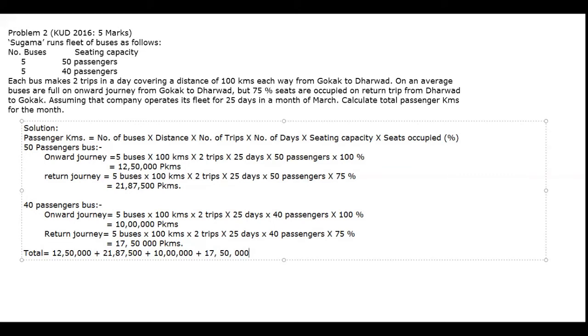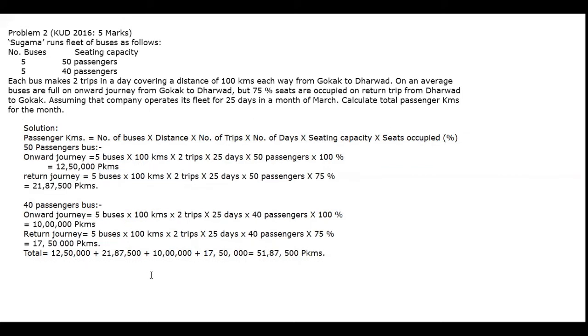When we multiply all together, it comes to 21,87,500. So you have to add all this. It comes to 51 lakh 87,500 passenger kilometers. So this is how you calculate passenger kilometer. So hope you understood.